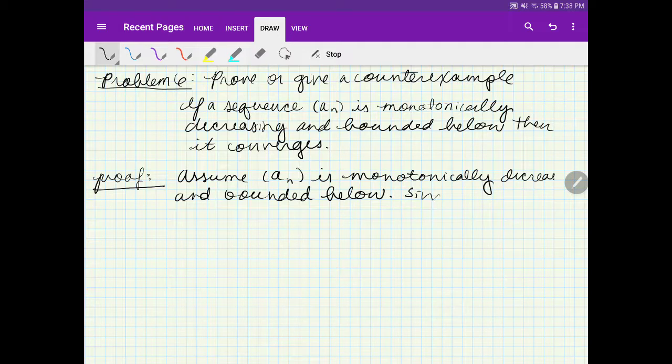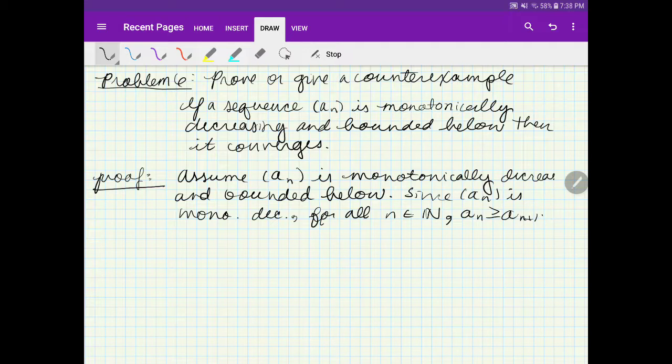Well, since a sub n is monotonically decreasing, for all n that are elements of the natural numbers, a sub n is greater than or equal to a sub n plus 1.